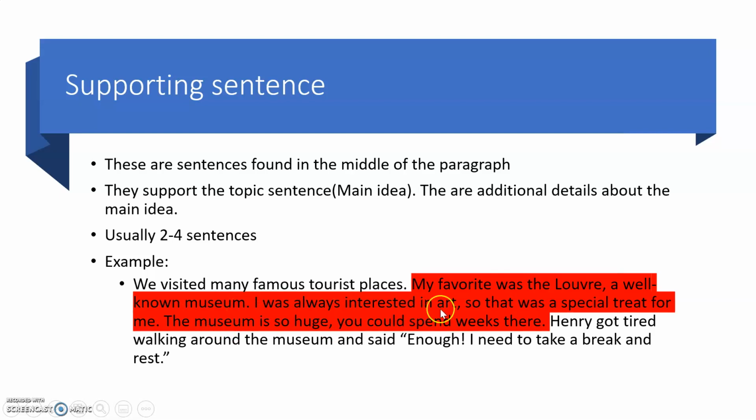I was always interested in art, so that was a special treat for me. The museum is so huge, you could spend weeks there." So in these sentences, they're telling us about the tourist place, the Louvre, and they're giving us details about the museum.